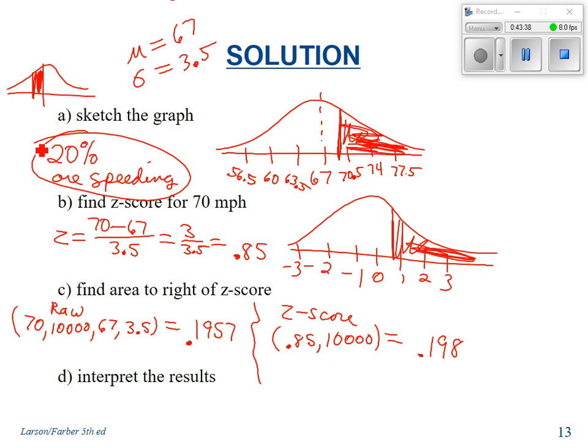We probably can guess that the mean's probably not 67 miles per hour on a road where the speed limit's 70 miles per hour. So if the mean went up, that would give us a higher percentage, so we could probably guess that maybe 30% of all cars, if we were to pick at random, 3 out of every 10 cars out on 70 would be speeding.